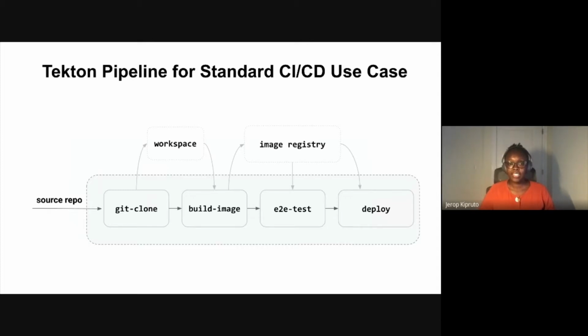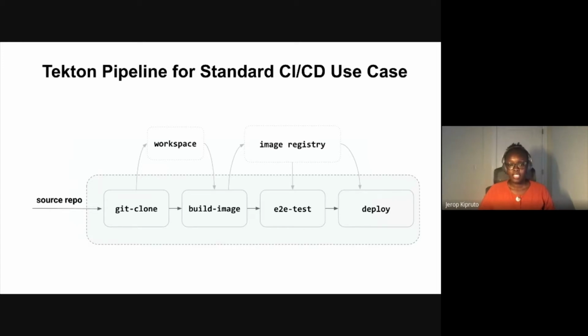Secondly, we have a task to build an image based on the workspace and publish it to an image registry. Thirdly, a task to run end-to-end tests using that image. And lastly, a task that deploys that image to a dev or staging environment, depending on your use case. Additionally, we could have a task to deploy that image to a particular region.